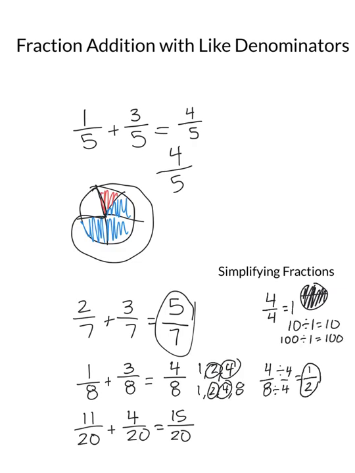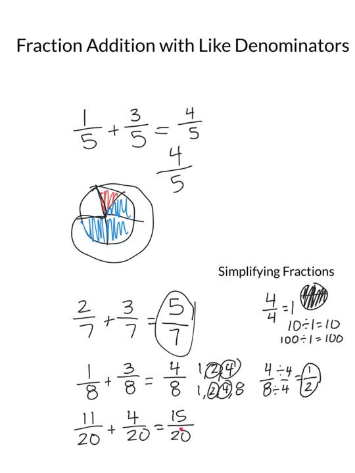So if I divide this fraction by 4/4, that's like dividing by 1 whole. So if I divide 4/8 by 1 whole, it's going to get me a fraction that's equal, but I'm using the smallest numbers possible to get that value of the fraction, to get that equal fraction. So that's why it works to do it this way.